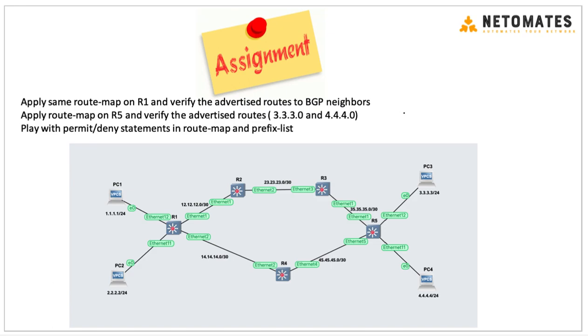The networks will be different in this direction, because from R5 you only want to advertise 3 and 4 but not 1 and 2, since R5 will learn 1 and 2 this way. So you can remove them. Then you can play with the permit and deny statements in the route map and prefix list so that you will have a better understanding. Just to avoid confusion and give more clarity, when you see a deny statement in the prefix list, just ignore that configuration.